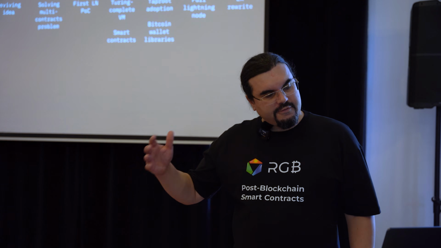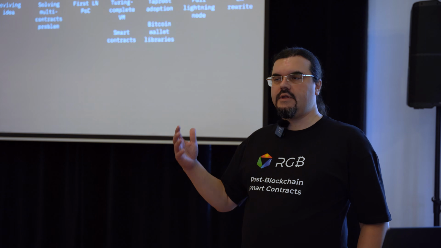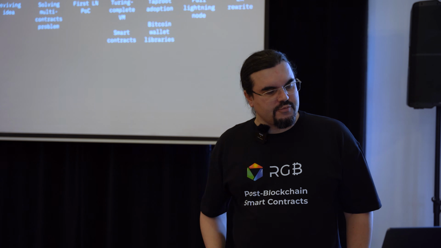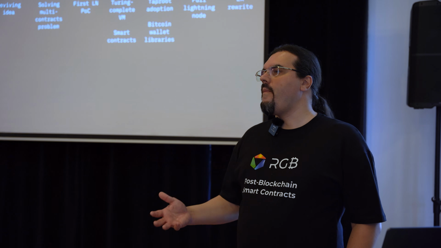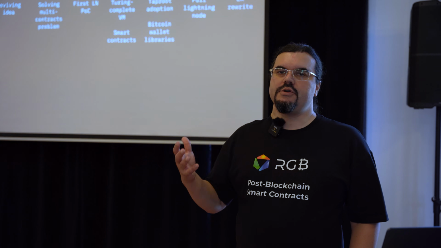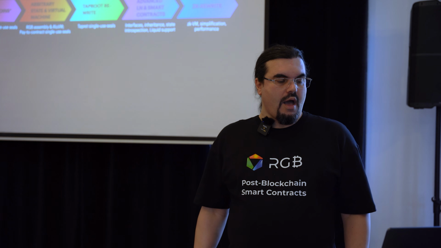So we passed through many iterations. We started in 2016. In 2019, I joined the project, and we went through iterations which tried to bring much more computational power into RGB and client-side validation. And finally, here we are today.